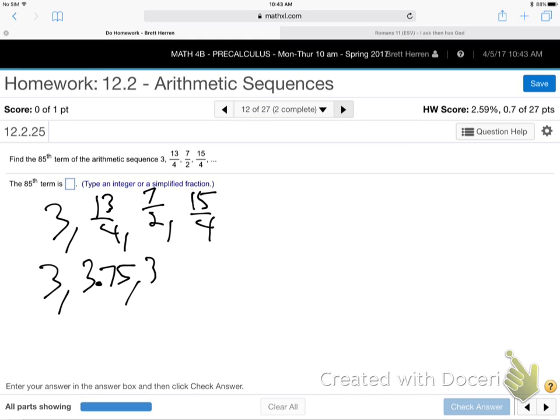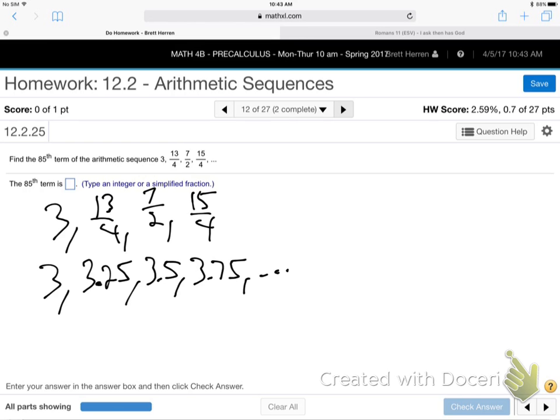Is that right? And 3.5. Wait, did I get it wrong? 3.25, is that what it is? 3 1/4, huh? 3.5. I bet this is 3.75. Yeah. So it's going up by 1/4 or 0.25 every time, isn't it?